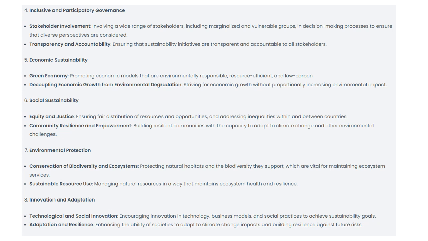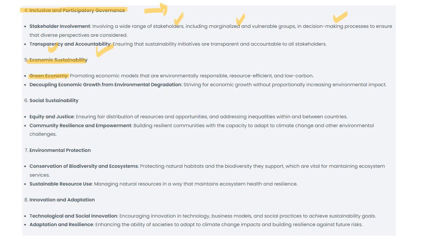Then inclusive and participatory governance. There should not be one way, like only the government policy, but all the stakeholders, including those who are suffering because of this climate change, should be part of the decision-making processes. And there should be transparency and accountability. Economic sustainability means here green economy.